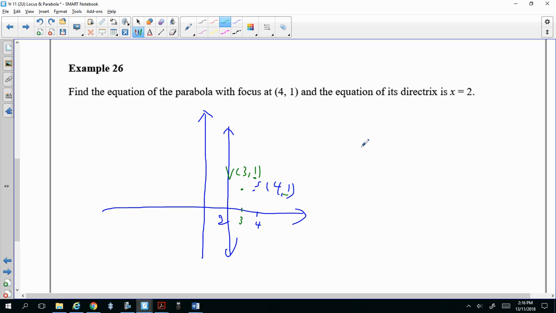And that's done, isn't it? So you just go sideways. Yeah, there. So y minus k squared equals 4a times (x minus h). So a is 1, so y minus 1 squared equals 4 times 1 times (x minus 4).